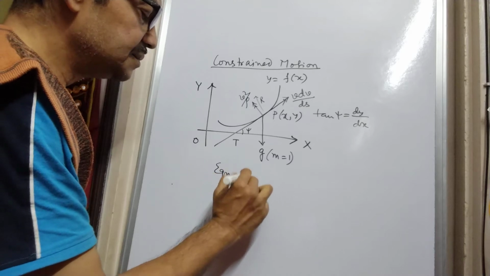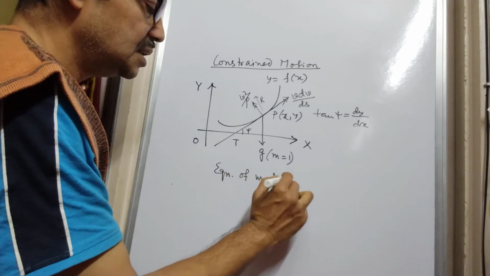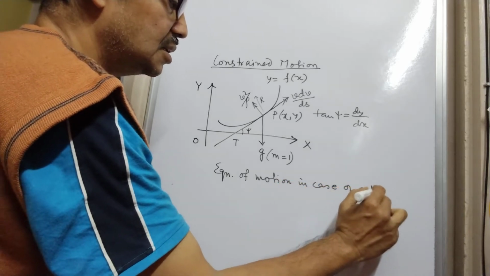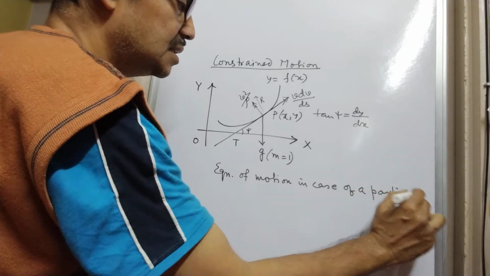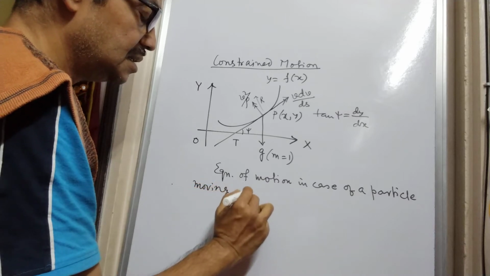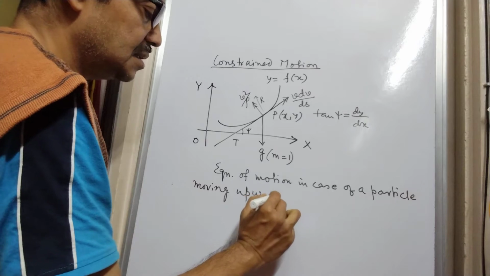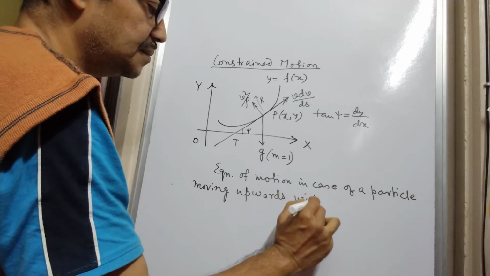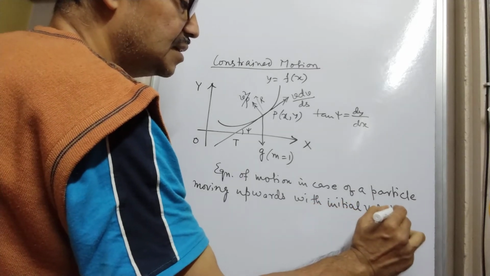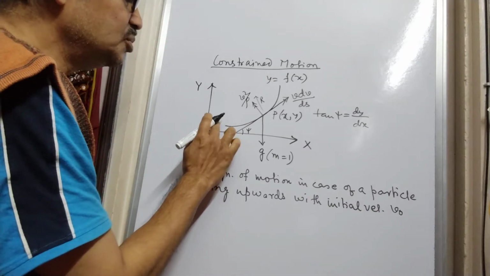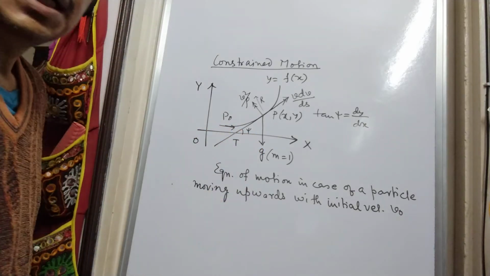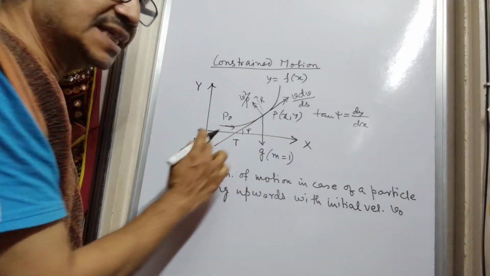So the equation of motion in case of a particle crawling upwards against the gravity with initial velocity, say v0, and we may assume that the initial starting point P0 is at such a point where the tangent makes an angle 0 with the x-axis, isn't it so?